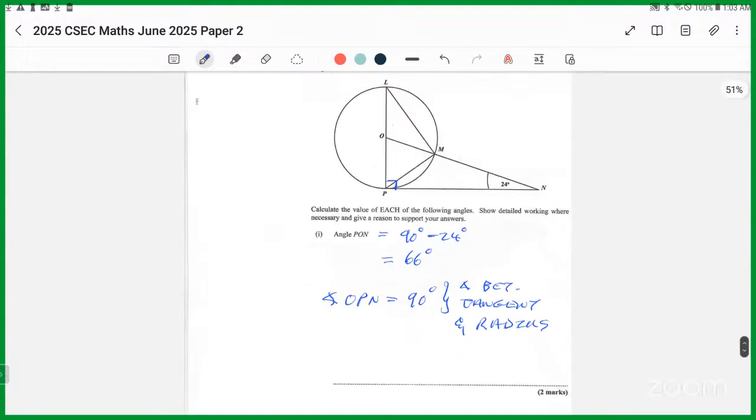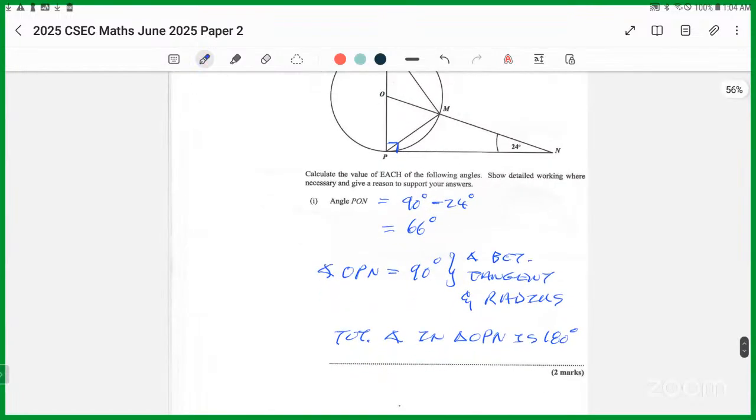And when that is 90, these two angles are complementary. Our total angle in this triangle is 180. Total angle in triangle OPN is 180 degrees. That's my reason.